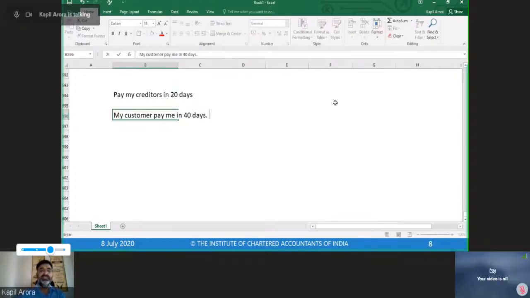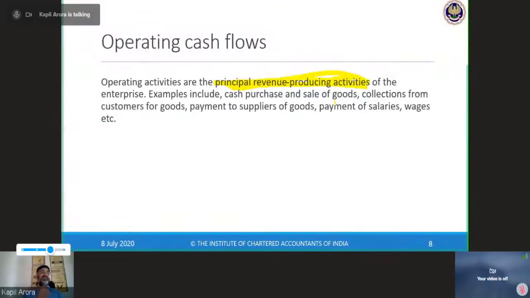In this situation, my creditor will always get paid in 20 days, whereas my customer pays me in 40 days. I will always have a cash flow issue because I have to pay upfront, whereas my customer will pay me later. So this becomes a very important activity for us to understand whether we are generating enough cash.